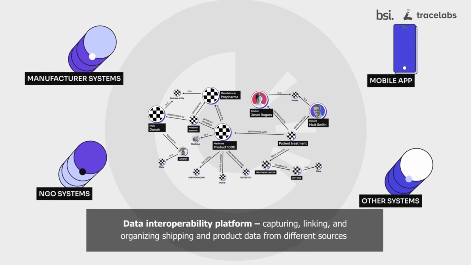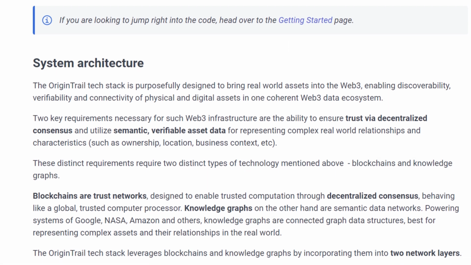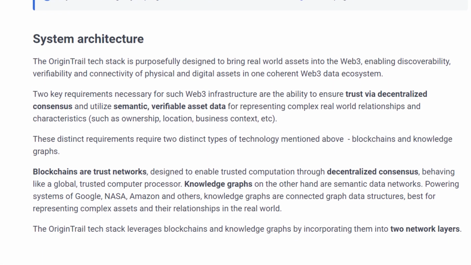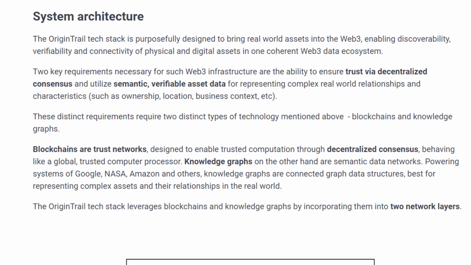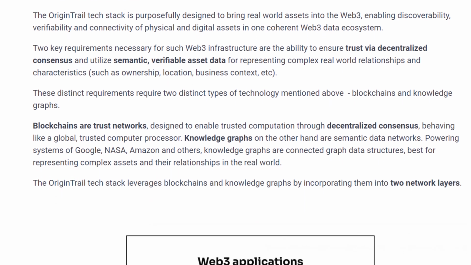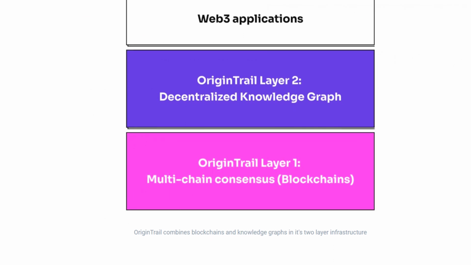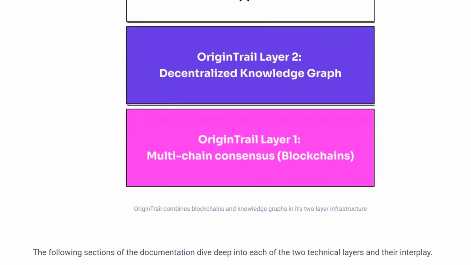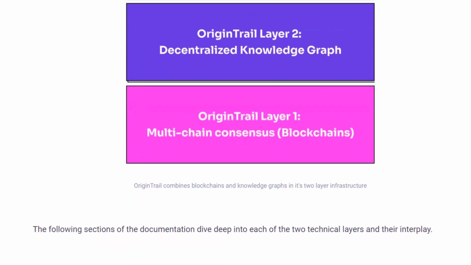Since we know that Origin Trail is a knowledge graph of knowledge graphs, one can see how one would be able to source data from diverse data sources and leverage the power of semantics to extract knowledge from the data.